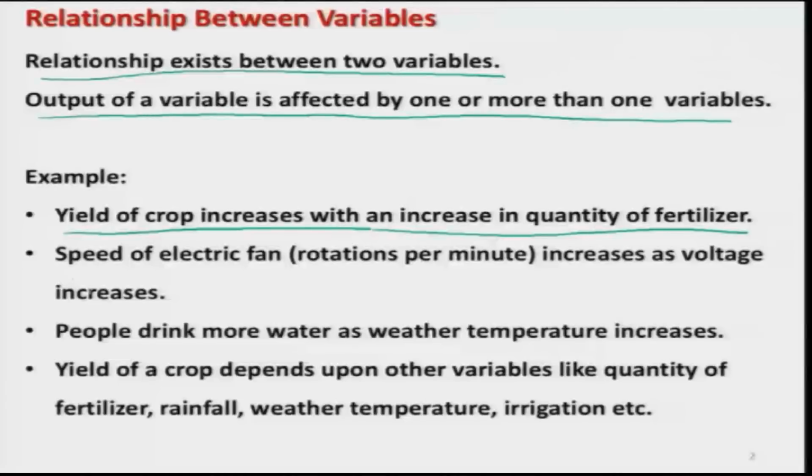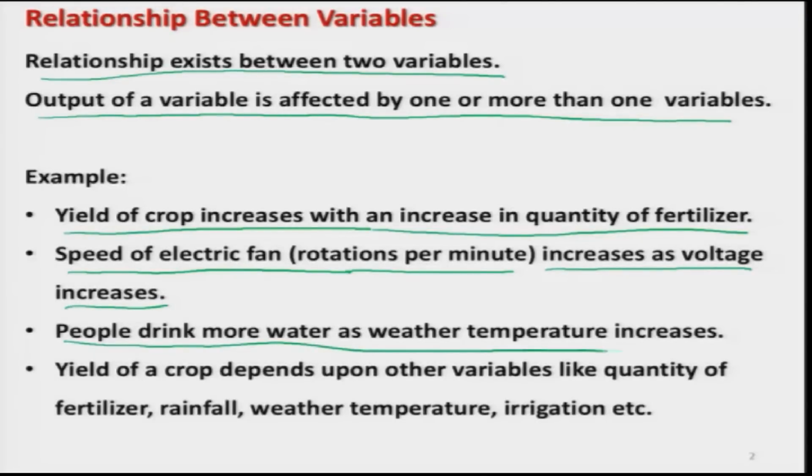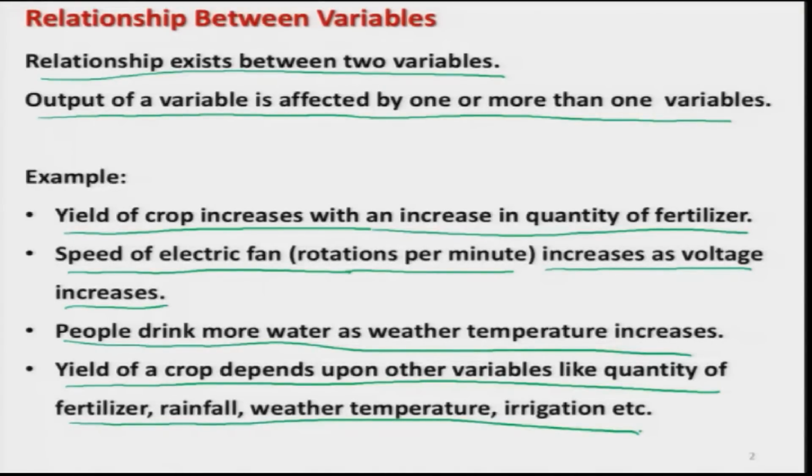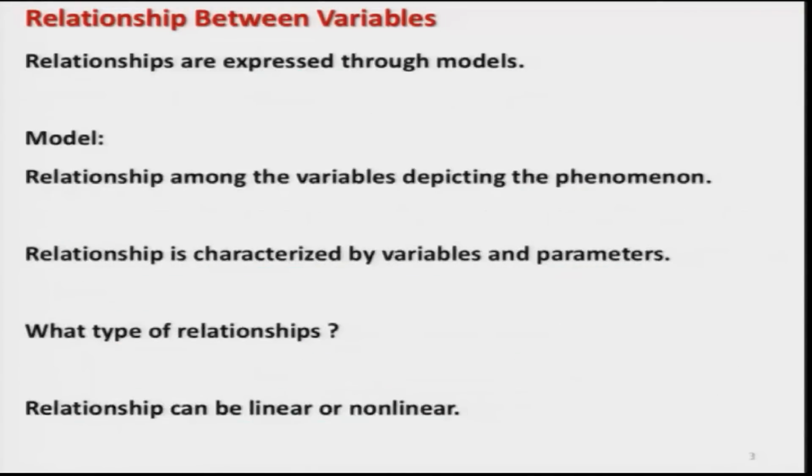So in this type of example, the speed of an electric fan, which is measured by the rotations per minute, increases as the voltage or current increases, and people drink more water as the weather temperature increases. And similarly, the yield of a crop depends on other variables also, like quantity of fertilizer, rainfall, weather, temperature, irrigation, etc.